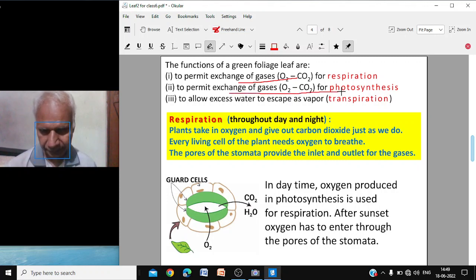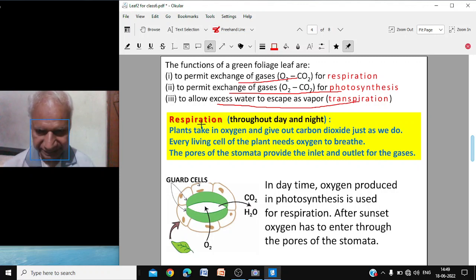Both respiration and photosynthesis involve exchange of gases, but in one case, oxygen will come in and carbon dioxide will go out, and in the other case, the reverse. CO2 will come in and O2 will go out. And also to allow excess water to escape as vapor, giving out water vapor.